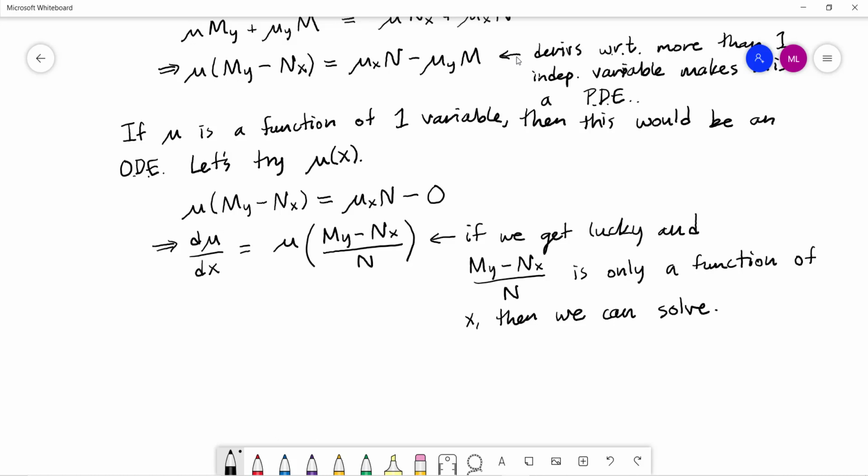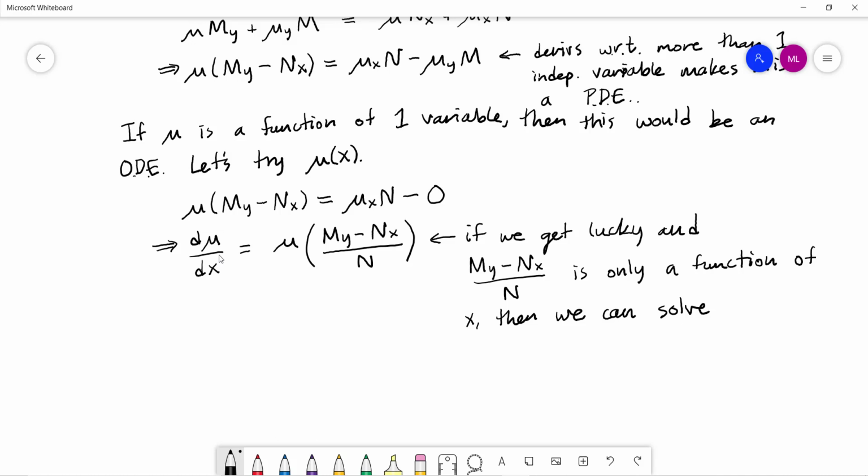And we would solve it in the same way that we solved for integrating factors back in the previous section. Because if it was just a function of x, we would just have a linear first-order differential equation, right? It's linear because there's nothing wild going on with mu here, and it's a first-order one. We could use integrating factor to solve it. Let me make that clear.